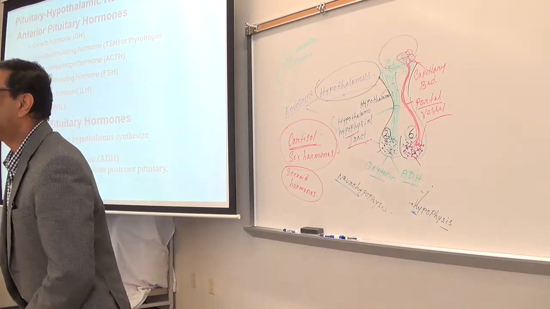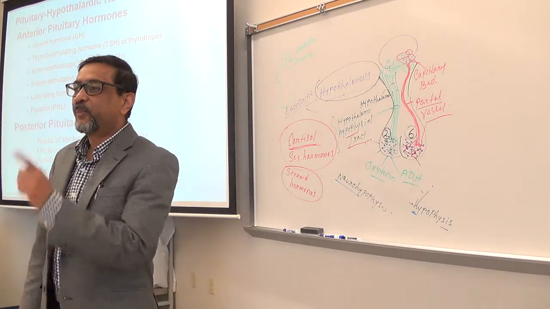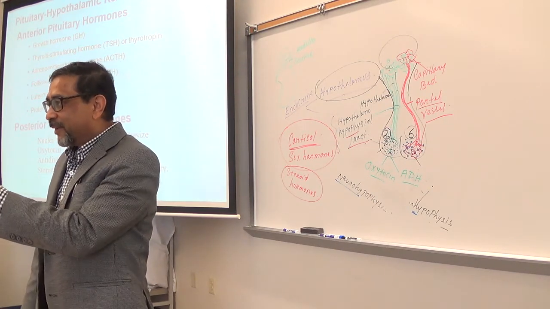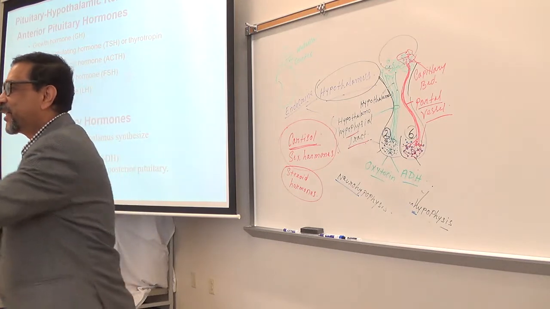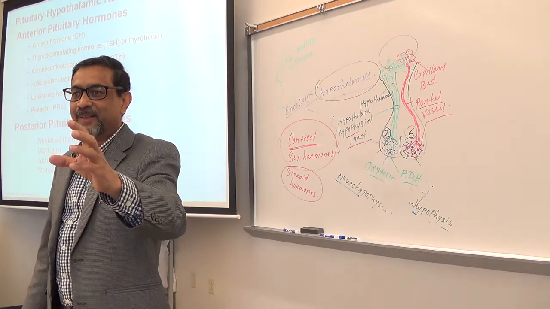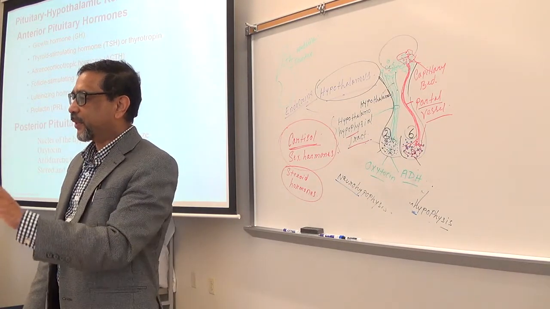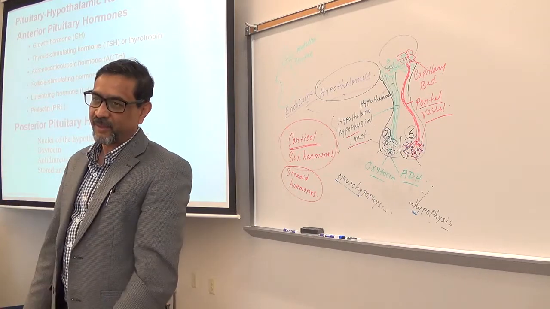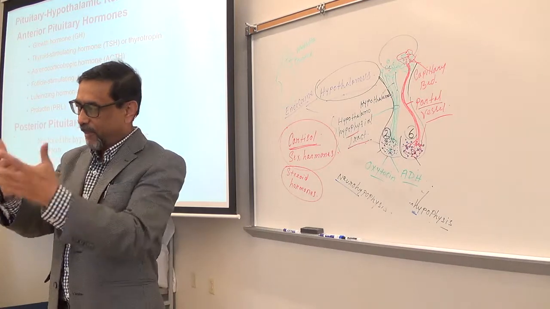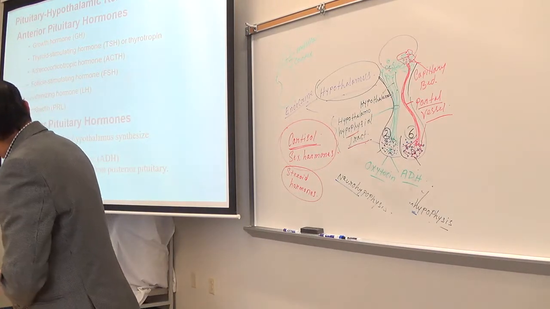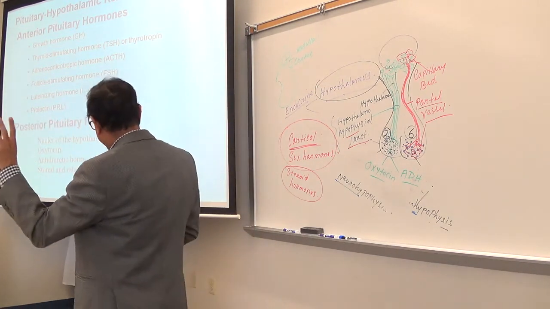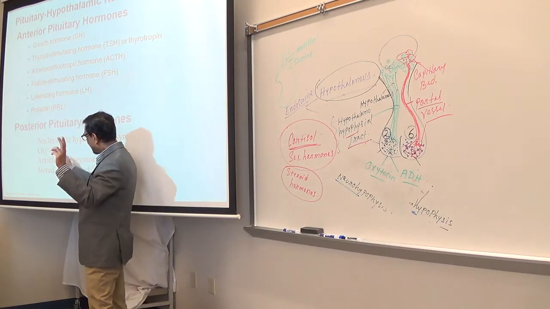Number 2 function of oxytocin. I told you prolactin does what? Anybody? Production of milk. Oxytocin helps in ejection of milk, helps the milk to come out. So oxytocin helps in ejection of milk by contracting the mammary gland. Those are two important functions of oxytocin: childbirth and ejection of milk.